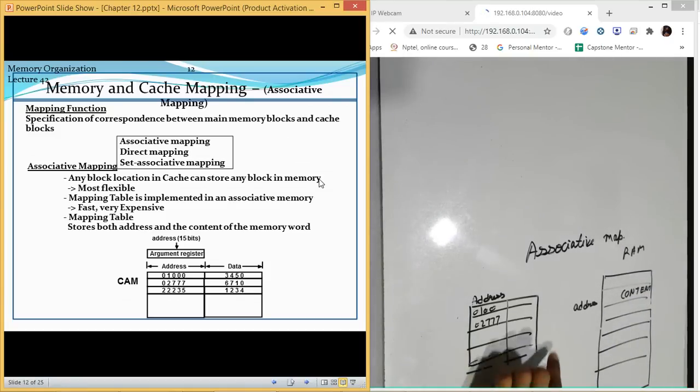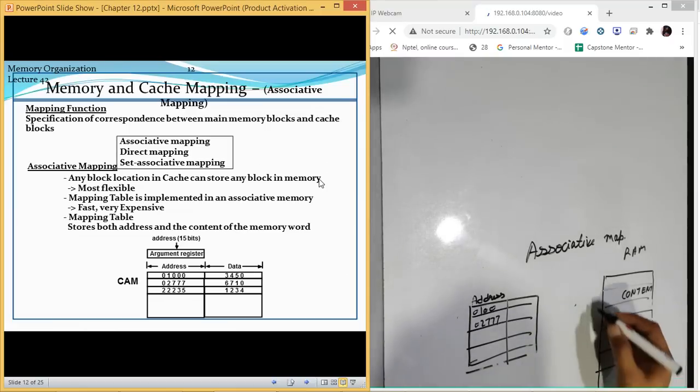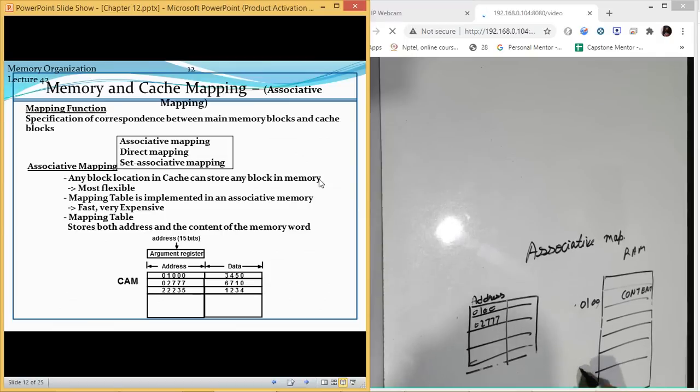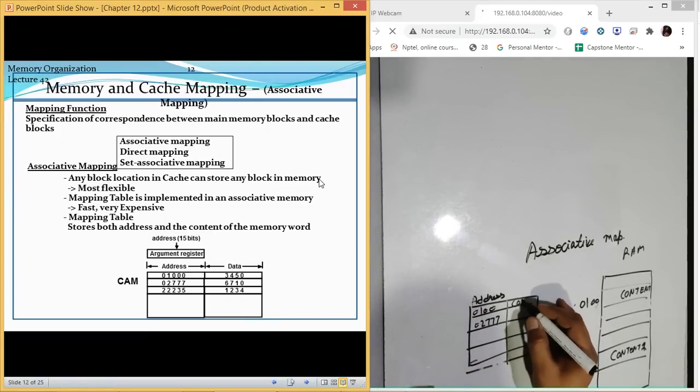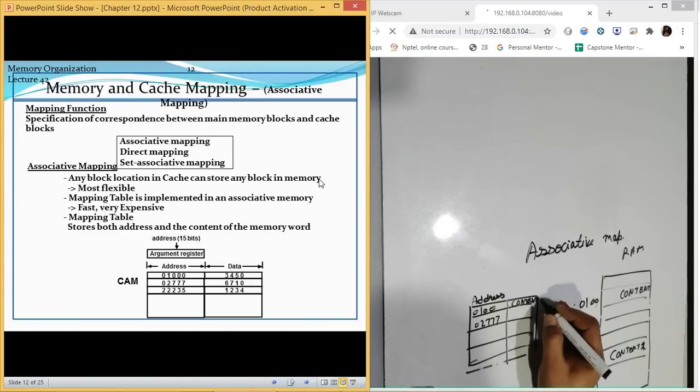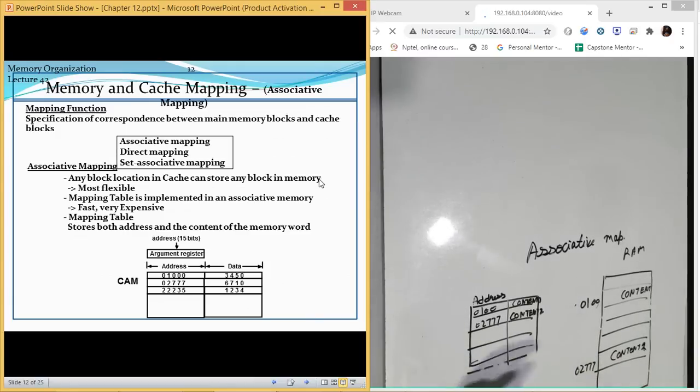If this address is 0100, this address is 02777, this is content 1, this is content 2, and here inside the memory we have the associative memory with different addresses. This is a table: content 1 is stored at this place, this is for content 2. So any data from any address can be stored at this place. This is known as associative memory.